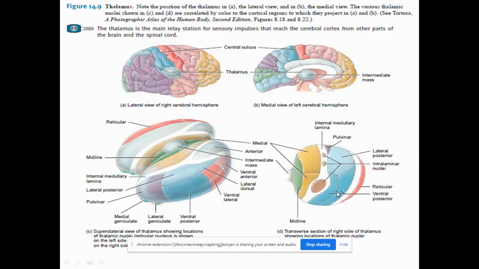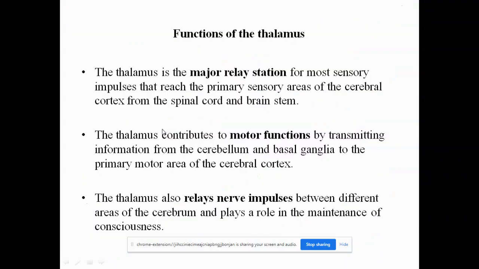And these are some other nuclei called the lateral geniculate, medial geniculate, and pulvinar. Lateral posterior is seen here. This is the Y-shaped internal medullary lamina, and this is the midline which contains the intermediate mass which connects the right and the left thalamus.